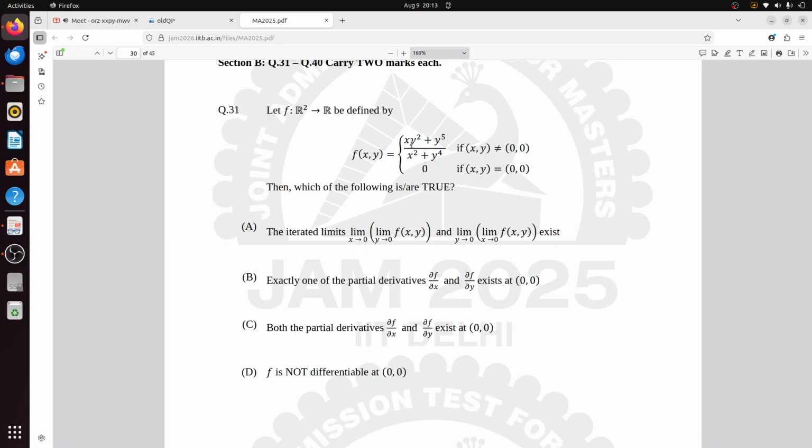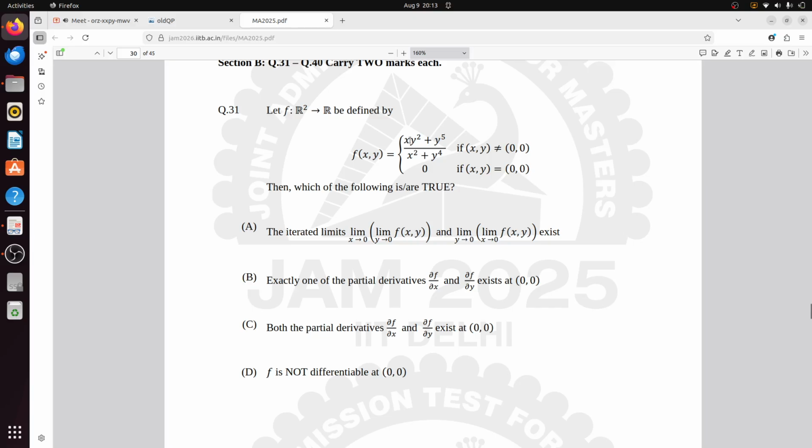No, f of hk minus f00. First you will get hk square plus k to the power 5 by h square plus k to the power 4. Then minus f00 will give you 0, so forget about it. Then minus 0 into h minus 1 into k. So f of hk minus k.